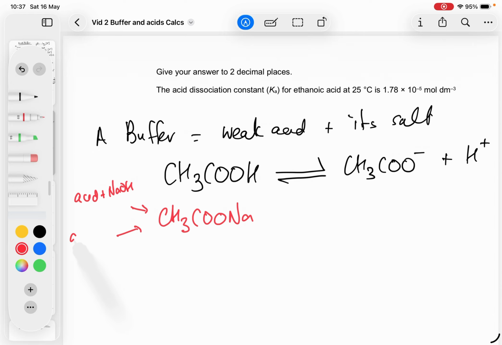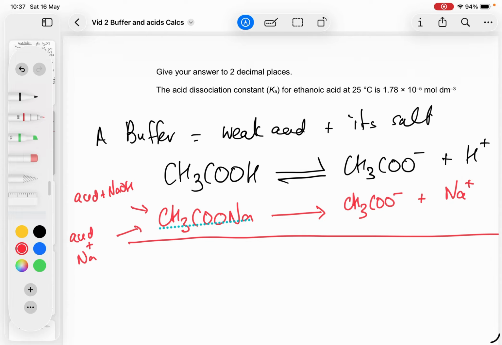It can be formed from acid plus other bases, like sodium carbonate, they can form the salt. The salt dissociates completely. There's a reason I'm doing color coordination here.